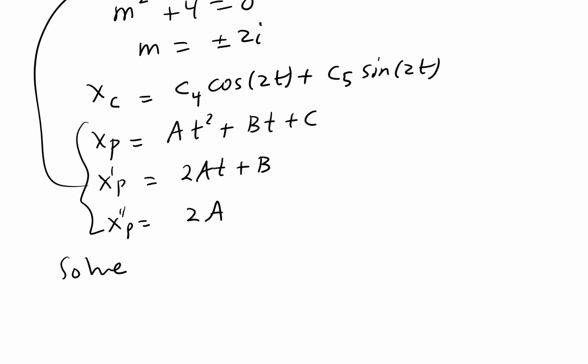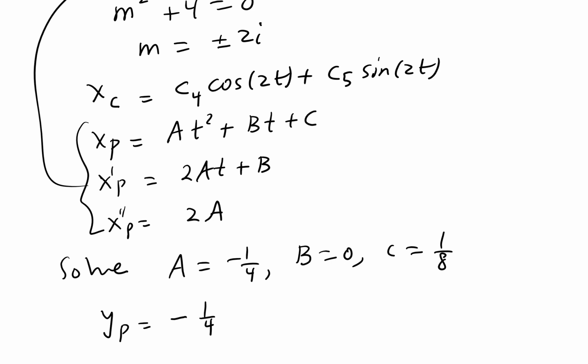Solve. I got a to be negative 1/4, b 0, and c 1/8. So x particular would be negative 1/4 t squared plus 0t plus 1/8.